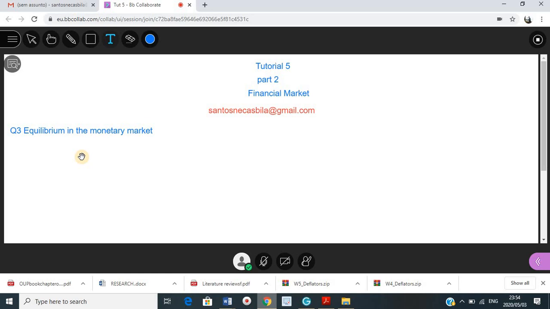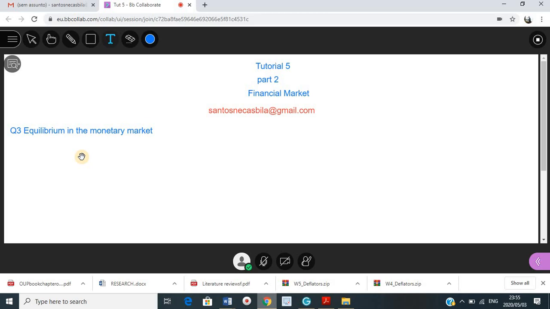If it refinances the system, the commercial banks are going to be more liquid compared to if the central bank does not refinance the system. It works basically in the same way as a normal demand and supply for central bank money.